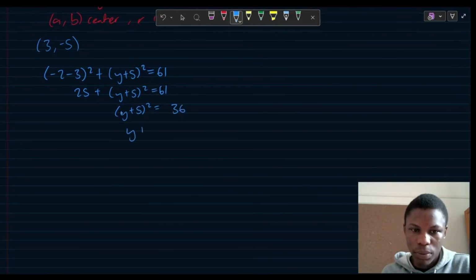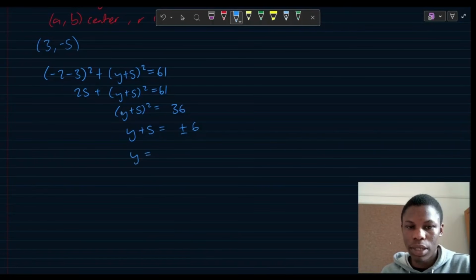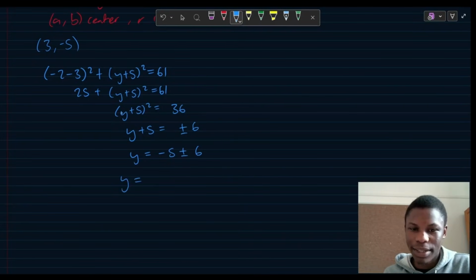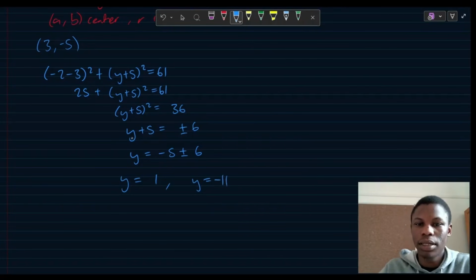Take the square root on both sides. y plus 5 is plus or minus the square root of 36, which is 6. So y is equal to -5 plus or minus 6. So we have that either y is 6 minus 5, which is 1, or y is equal to -5 minus 6, which is -11.